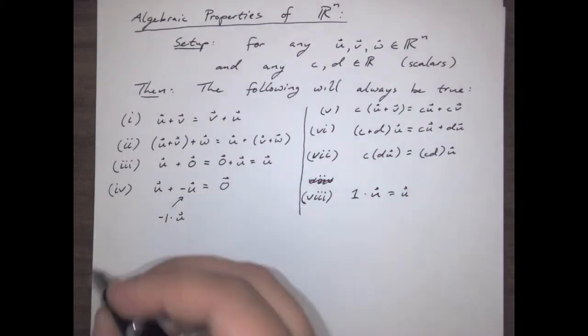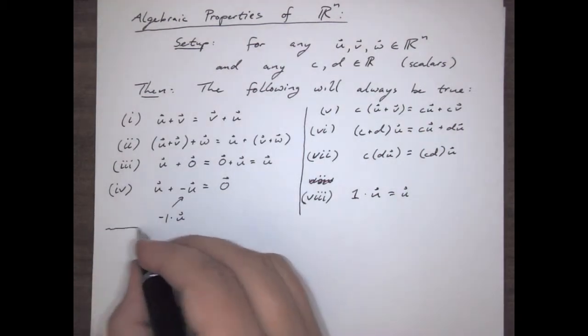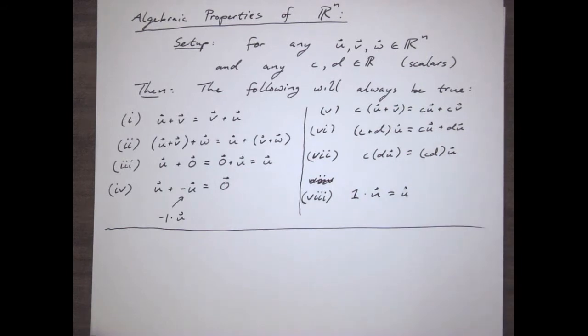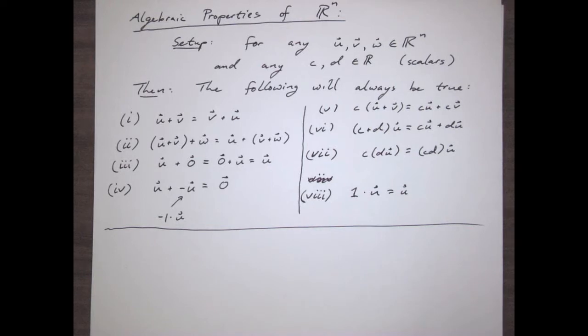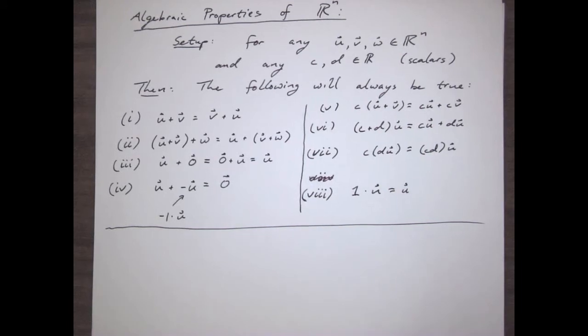And that's what we're just doing here, is giving ourselves permission to do most of the arithmetic that we would ordinarily do. And from now on, we're not going to really appeal to this very often again. We're just going to say that if it feels right, it's probably true for this vector arithmetic. We'll see other cases where that's not the case, but here, as long as we're just talking about vectors, scalar multiplication, things like that, if it feels good, it's probably okay. If it is something that you can do with numbers, it's probably something you can do with vectors.